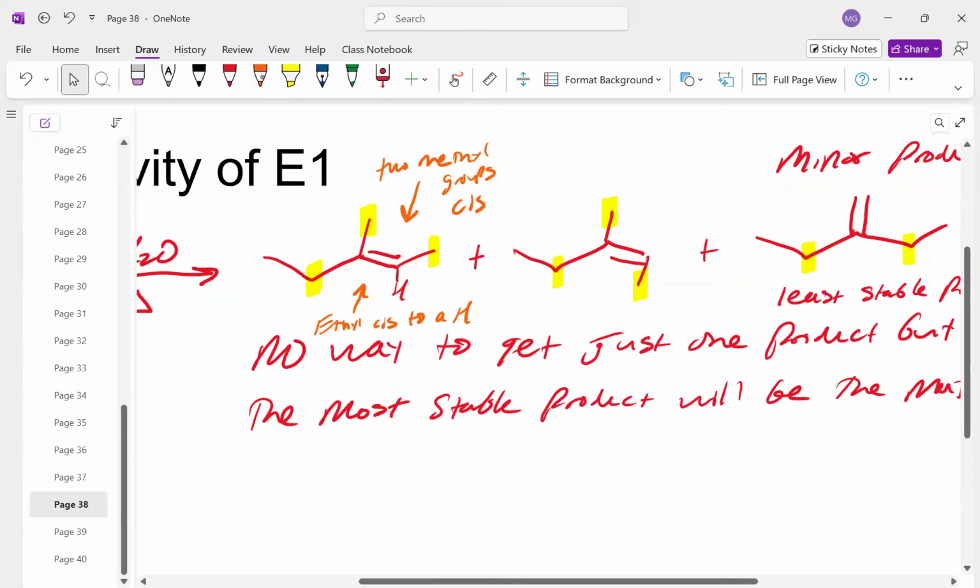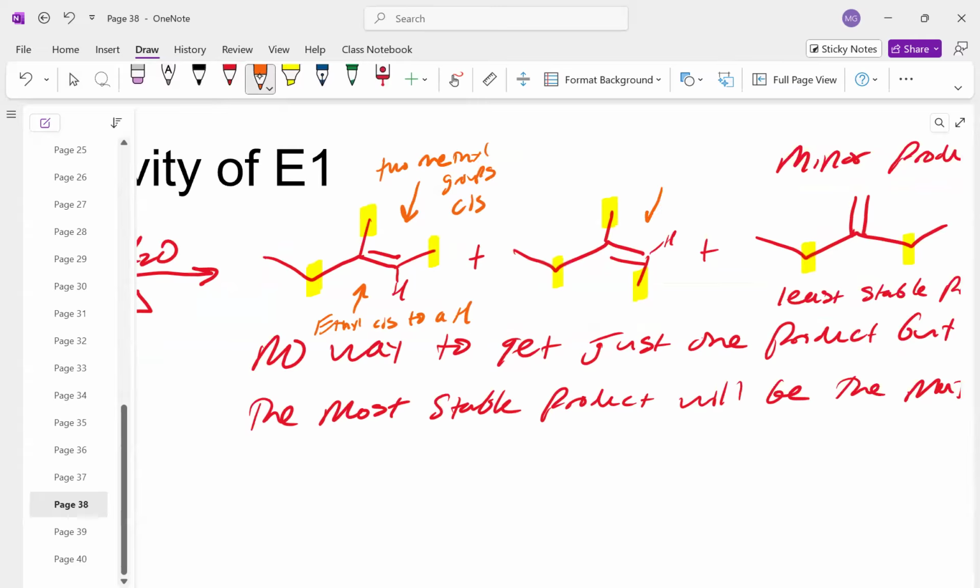Now let's look at the other one. On this side, you have a methyl cis to a hydrogen. And on this side, you have ethyl cis to methyl. Which one of those exhibits the least amount of steric strain?